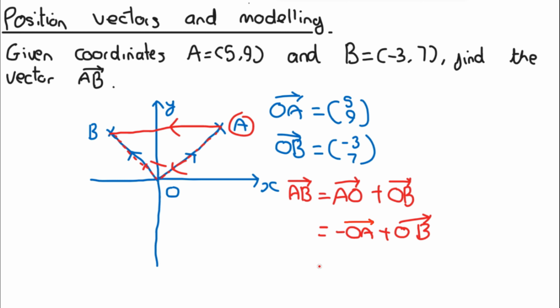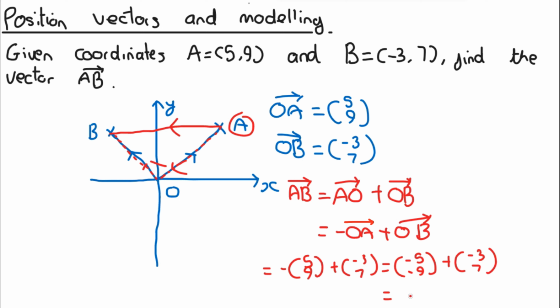And therefore we can just do minus (5, 9) plus (-3, 7), which is equal to, put the minus into this vector to do (-5, -9) plus (-3, 7), and then we just add the vectors. So minus 5 plus minus 3 is going to be minus 8, and then minus 9 plus 7 is going to be minus 2. And that's the final answer.